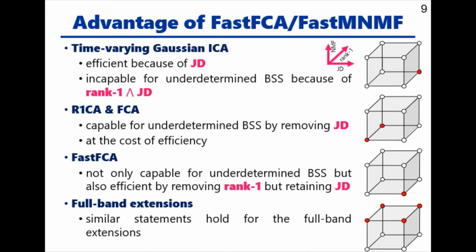Time-varying Gaussian ICA, located here, is efficient because of the JD constraint, but incapable for underdetermined BSS because of the simultaneous presence of the rank 1 constraint and the JD constraint.